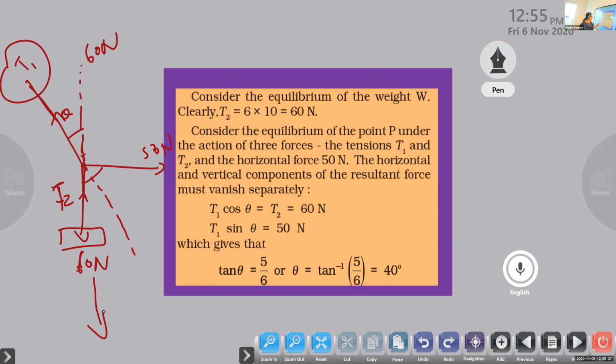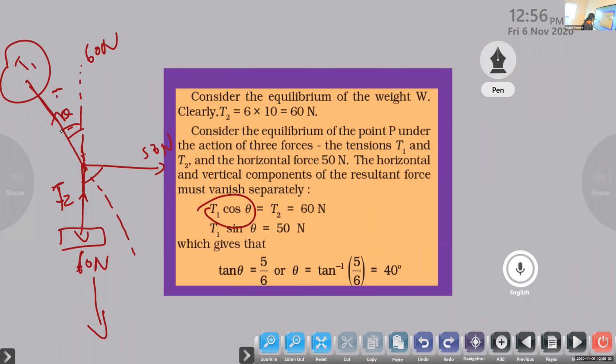Okay. Now, why are we taking this cos theta here? Because in the picture, T1 is shown making an angle theta with the vertical. This vertical is imaginary, but since it is given in the question, we have to consider it.